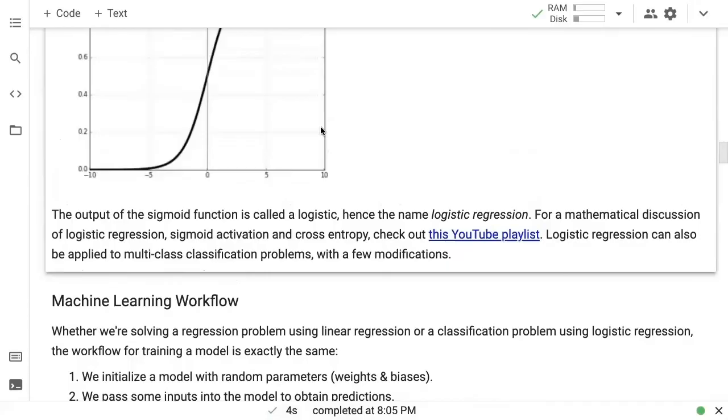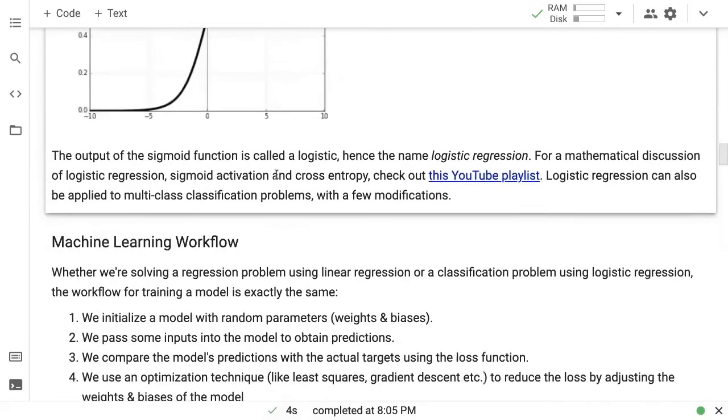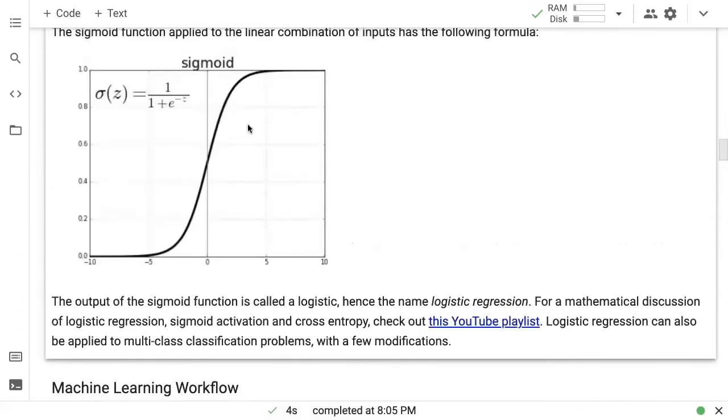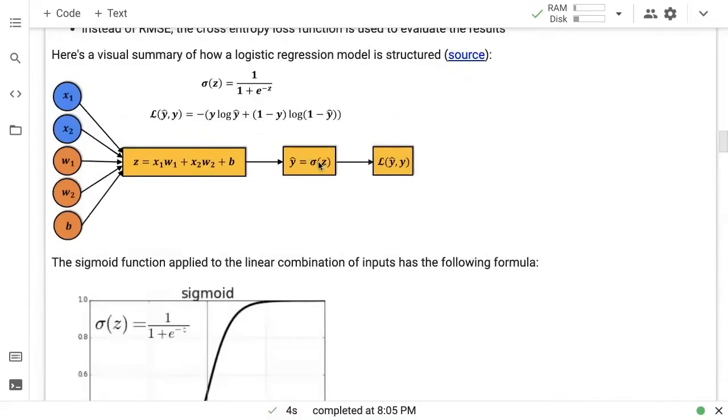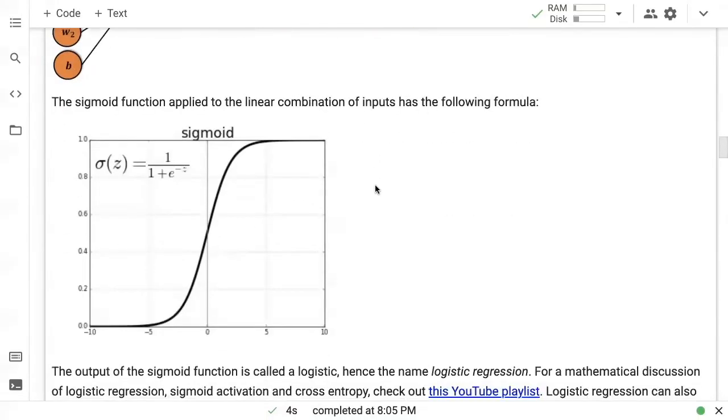And as to why it is called logistic regression, because it's solving a classification problem, so the name is a bit confusing. The reason is that the output of this sigmoid function, the sigma function that we have, a number between 0 and 1, is called a logistic. And what we're trying to do is fit or regress that logistic to the data.